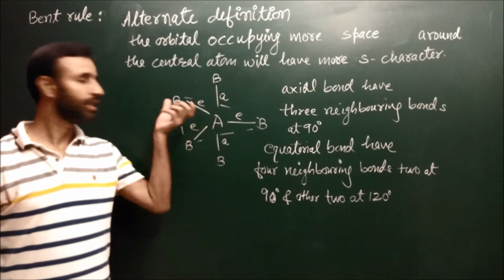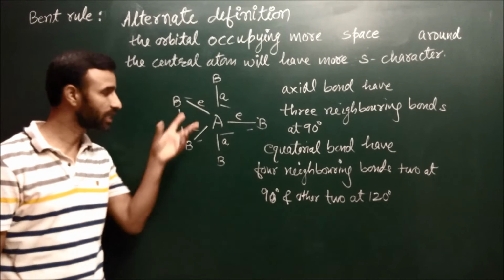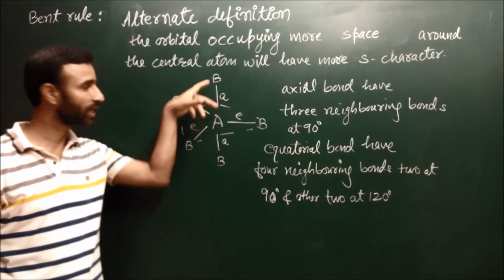That's why equatorial bonds will occupy more space around the central atom than that of axial bond.